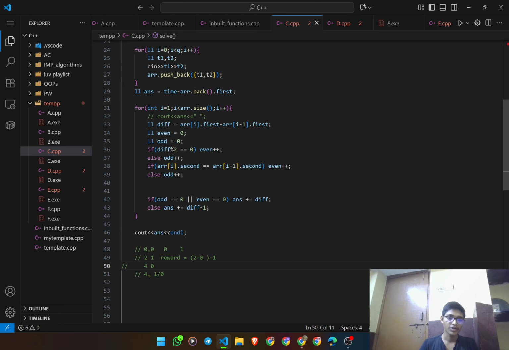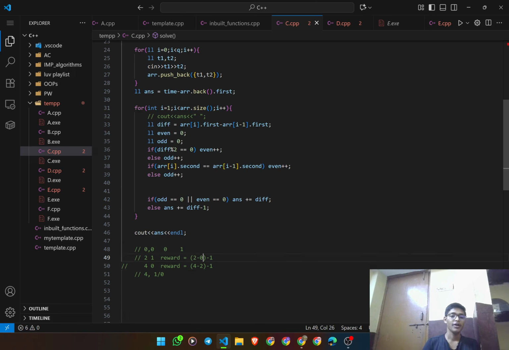This is even, which means when the positions are even, their difference is even, so the initial position, 2 is here, then 3, 4, it will return to its original place. But here 1 and here 0 is given, so here also the reward will be 4 minus 2 minus 1.